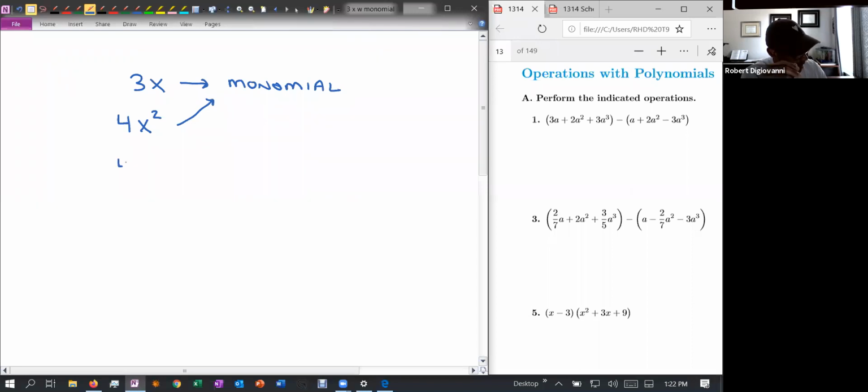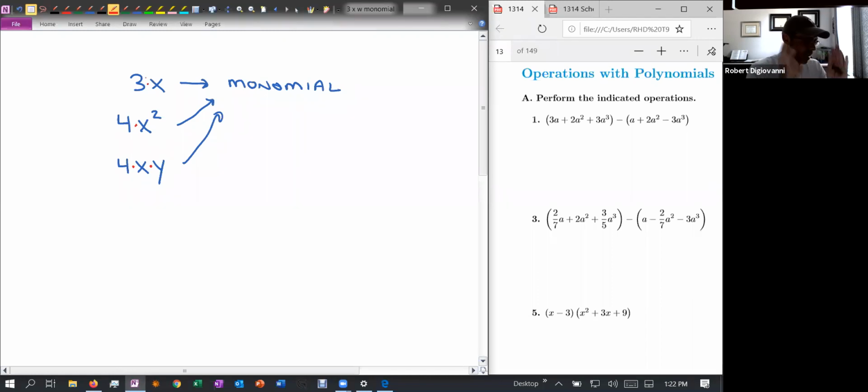You could even have a number, a letter, and a second letter. That's a monomial. What you need is a number, multiplication, a letter, multiplication, a letter. So there's multiplications in here. To make up a monomial, number and letters with multiplication between them. No addition, no subtraction, just multiplication.